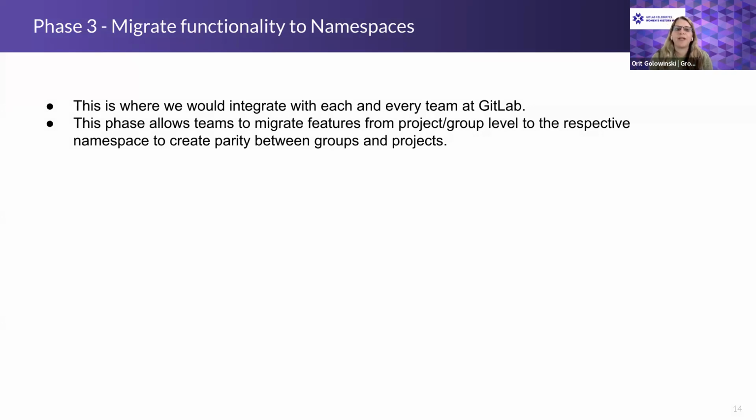And once we get to phase 3, which is migrating the functionality over to the namespaces, it will allow anyone to migrate their features from a project or group level to the missing level in the hierarchy and create parity between groups and projects, which is one of the reasons we have lower SUS scores today in terms of our user pain points. They expect something else than they get when they work between projects and groups.